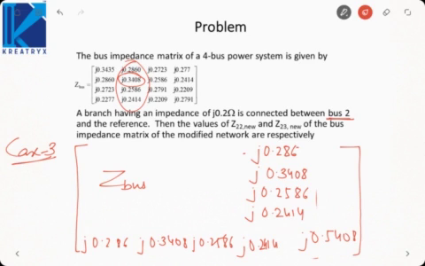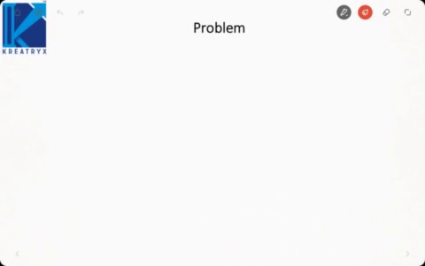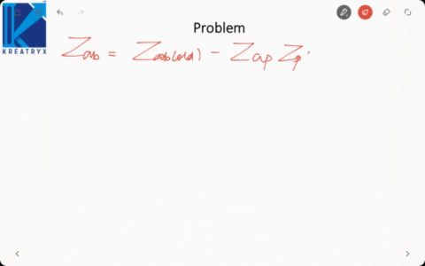Now we saw in the method of Kron's reduction, Zab new was equal to Zab old minus ZaP ZPb by ZPP. In our case, P is equal to 5.